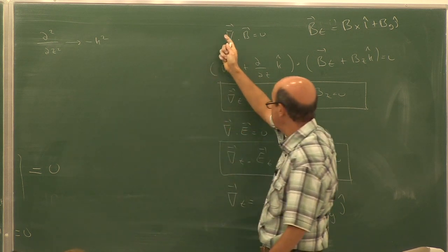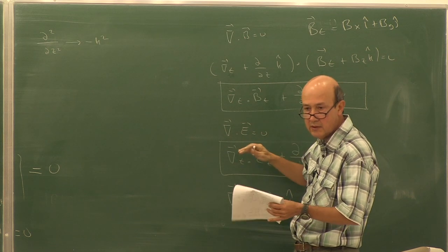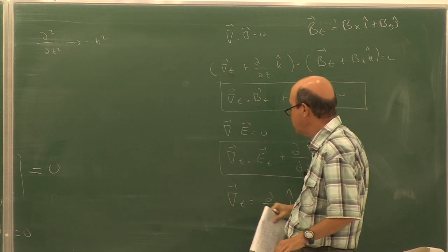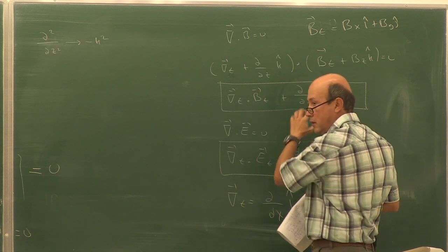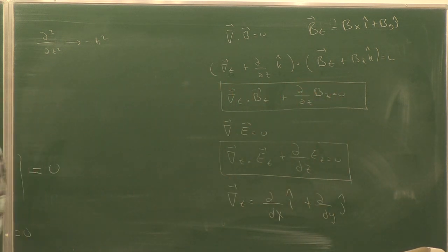So del dot B is a scalar equation, del dot E is a scalar equation, and we have two equations. Both contain the transverse and longitudinal information. But the other equations are a little bit tricky.